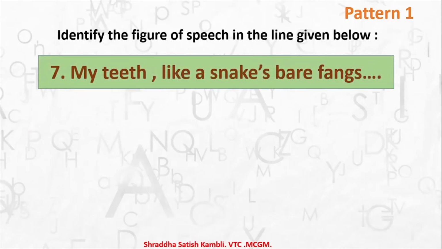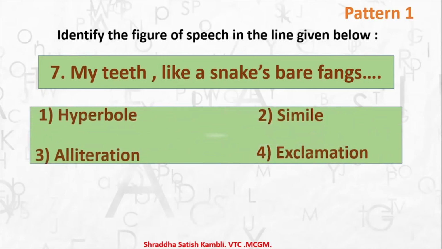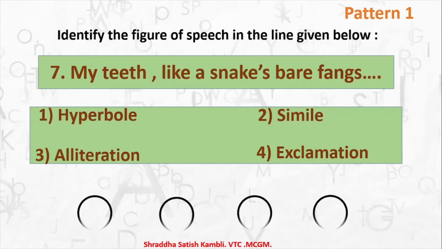My teeth, like a snake's bare fangs. So here there is some kind of comparison between teeth and snake's bare fangs. So come on now, choose an option. So is it hyperbole? Is it simile, alliteration, or exclamation? Yes, it is option number 2, simile.